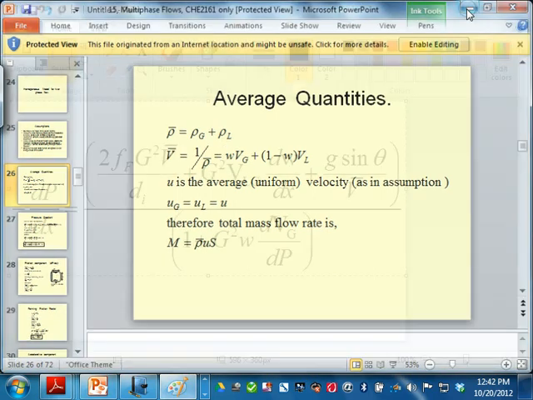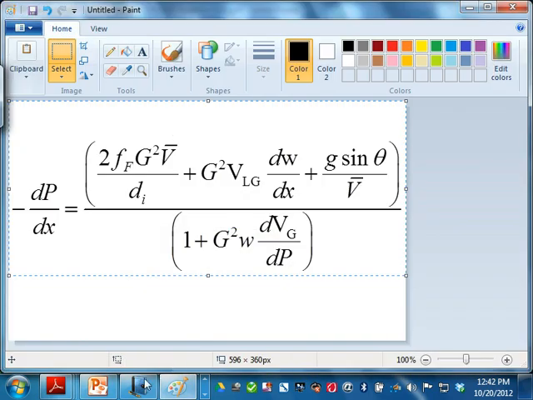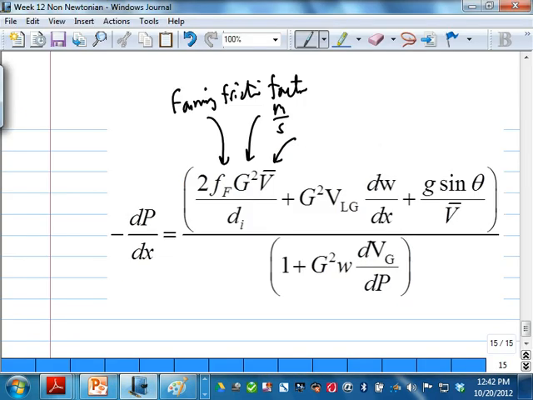WVG plus 1 minus WVL. G is fine. VLG is VG minus VL, is it?